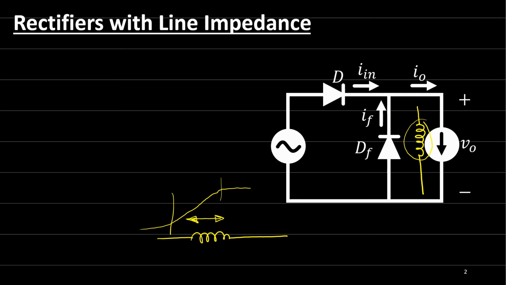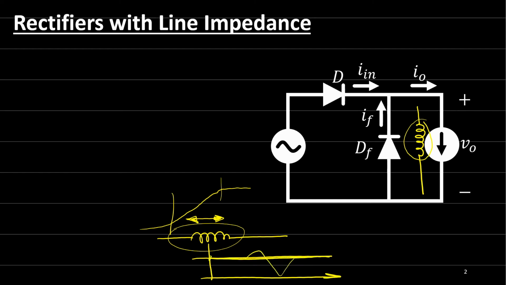But if we have a highly inductive load, then this inductor can hold the current forever. So we can expect that the output current will be continuous all the time. No up and down on this current. It will always be continuous with a constant value. That's why we can easily replace the highly inductive load with a current source on the output to make our analysis.